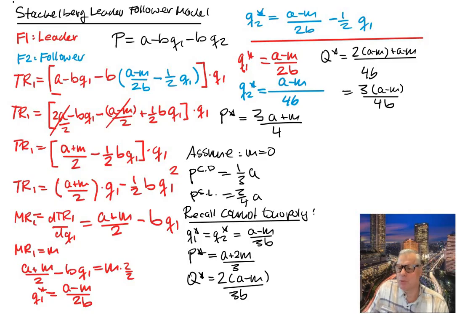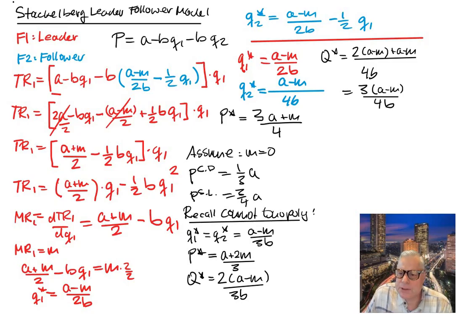So if B is 1, then we have 3/4 of A minus M. And if B is 1 and M is 0, then we have 2/3 of an A, as opposed to 3/4 of an A.